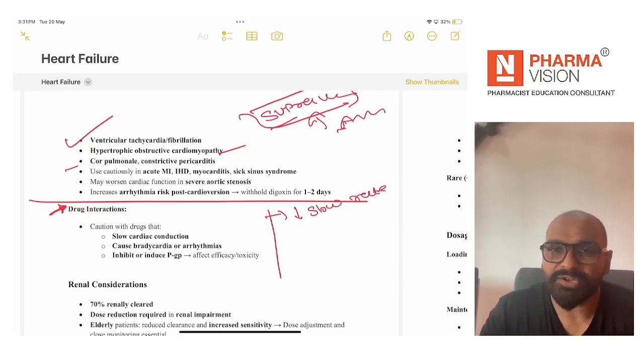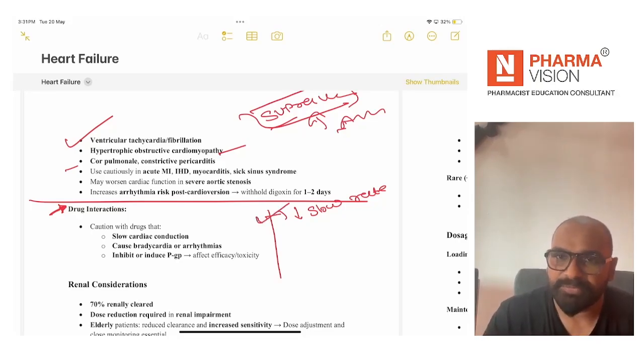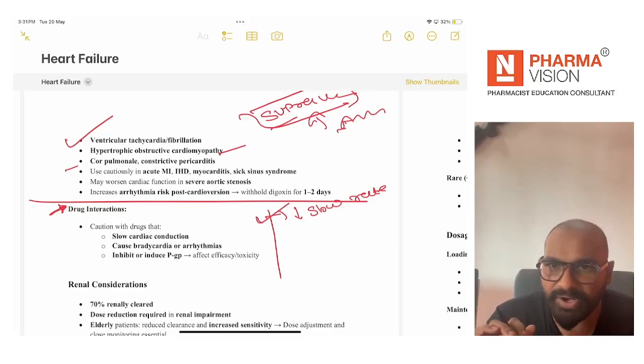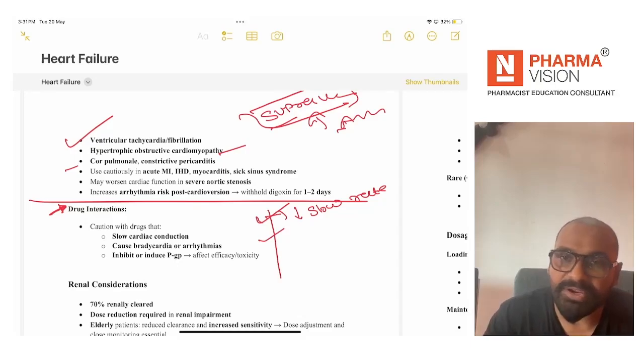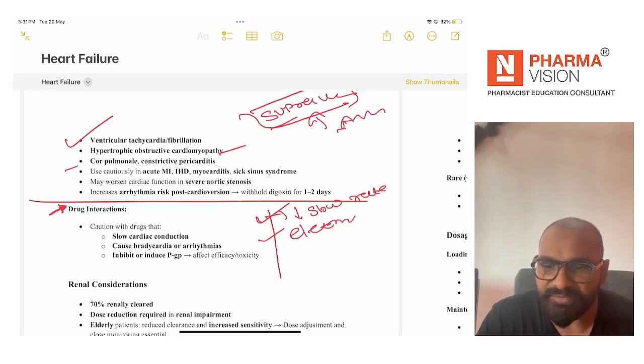So other medications that cause bradycardia, if combined with digoxin, can cause arrhythmia. That is one kind of drug interaction. Second is medication that can cause electrolyte imbalance. This electrolyte imbalance indirectly changes the digoxin sensitivity, and that can cause a problem.